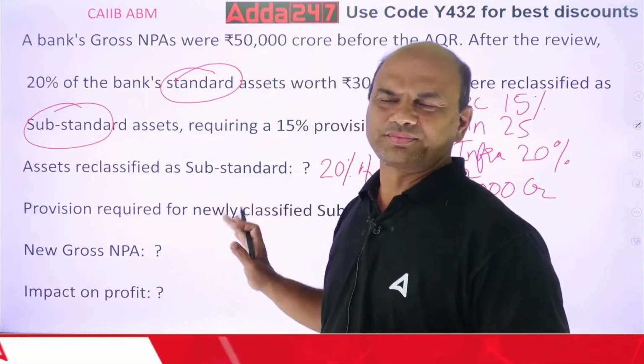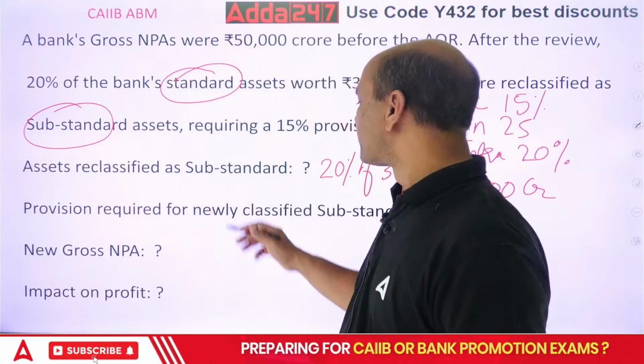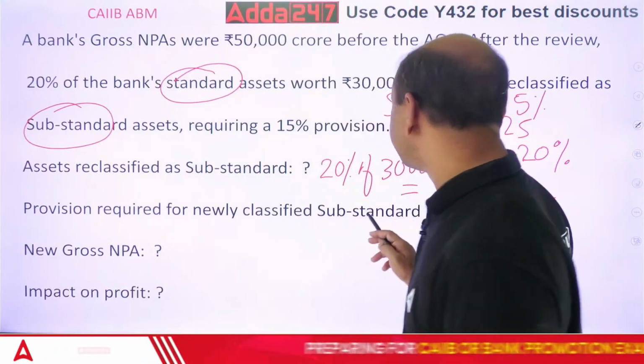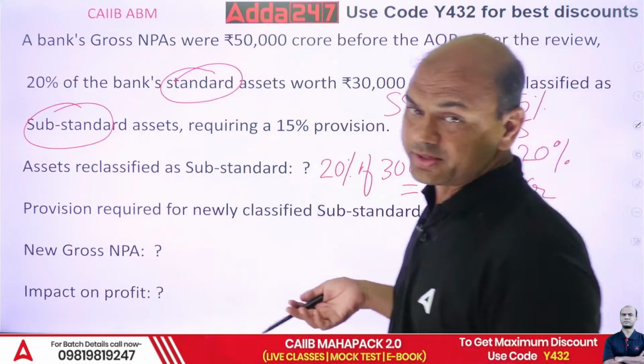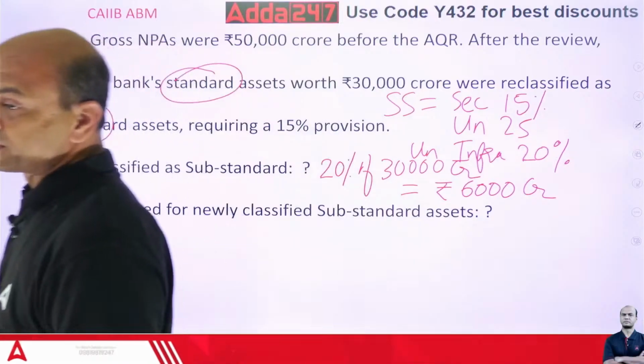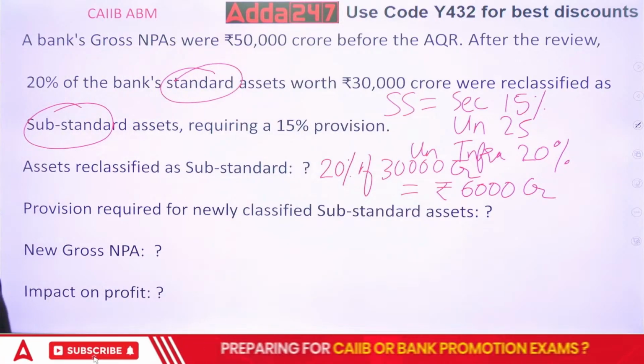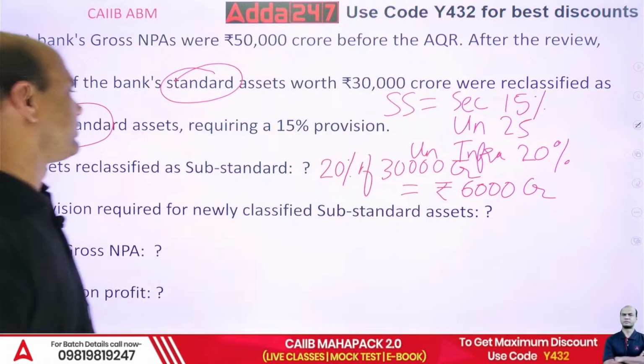That's simple. Next, provision required for newly classified substandard asset. What is the provision required? It is already given that 15% provision will be required.